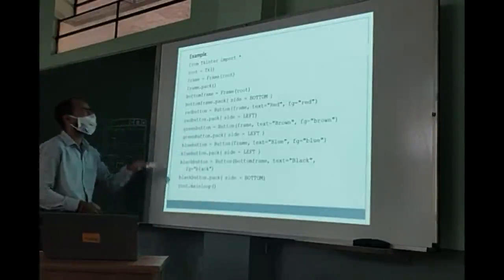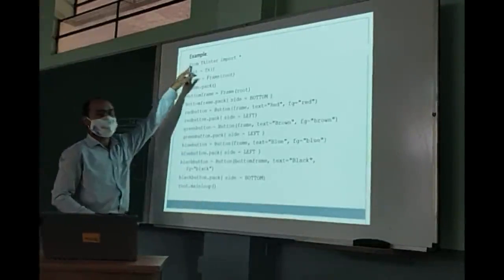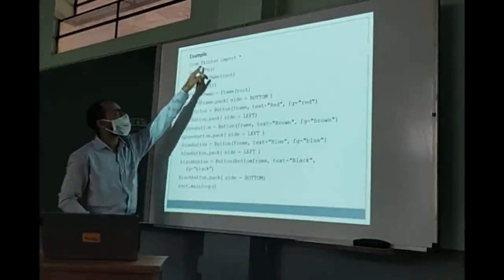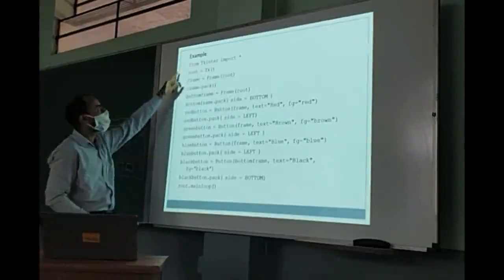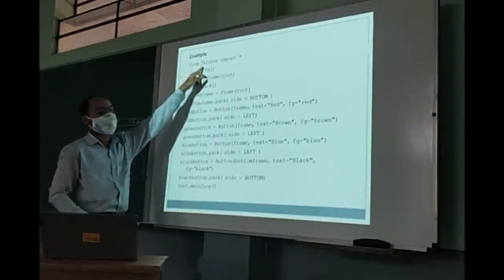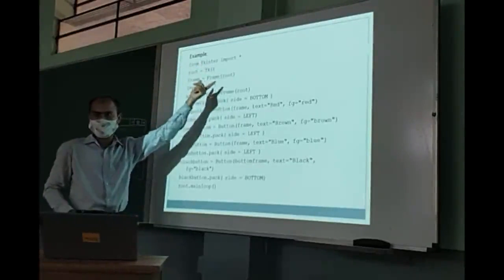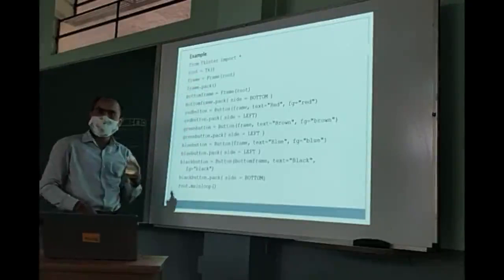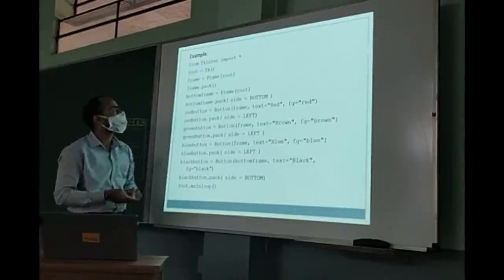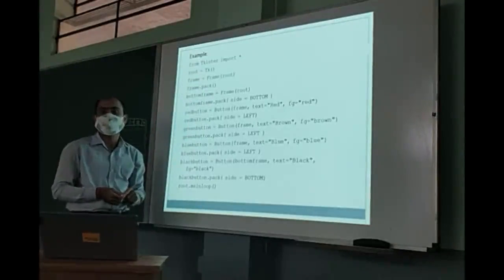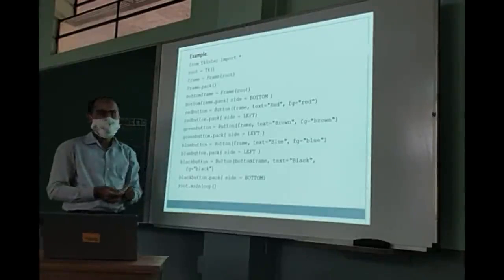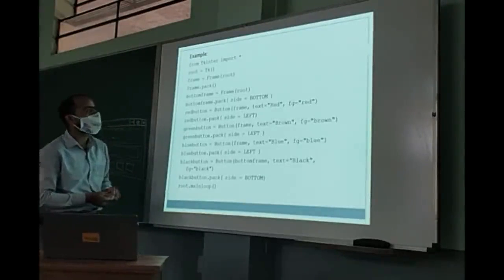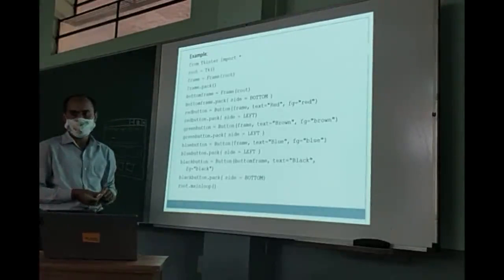Look at this example. We are first writing from tkinter import star. This is one more way to import a module in Python. In earlier examples we have used import tkinter, right? In this example, we have used from tkinter import star.